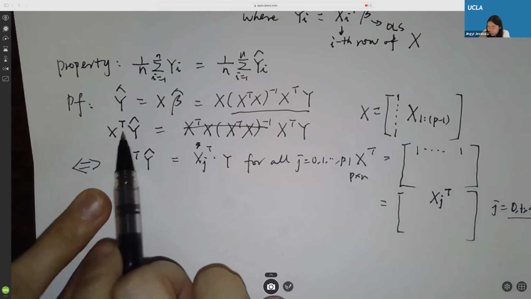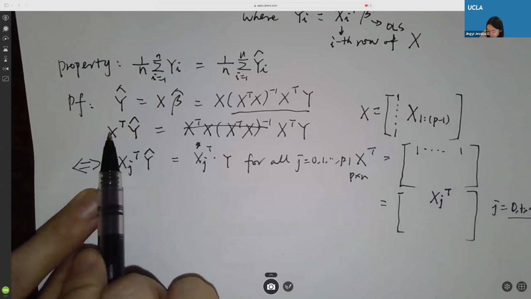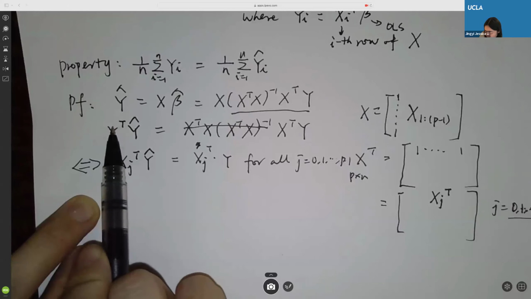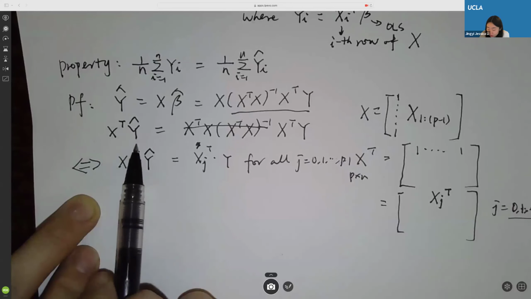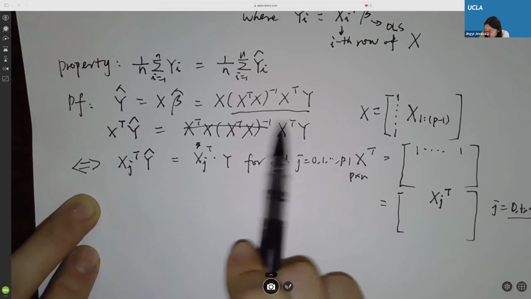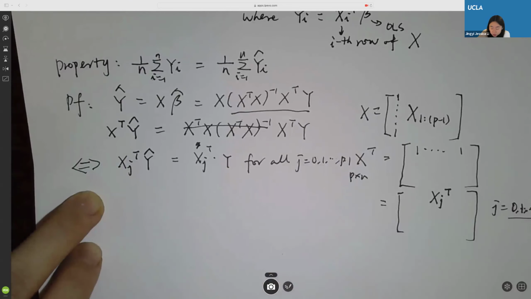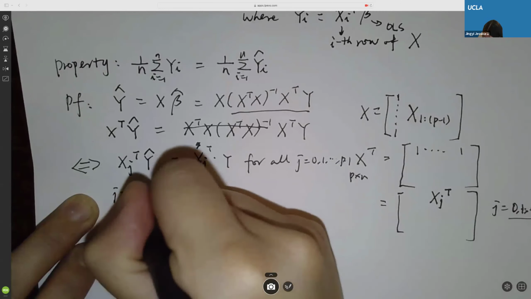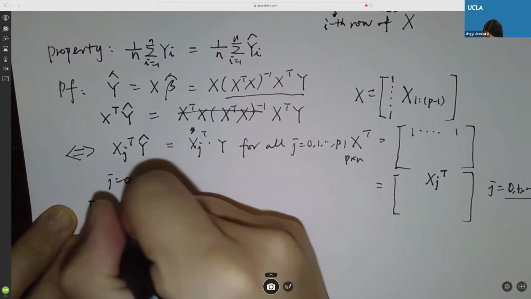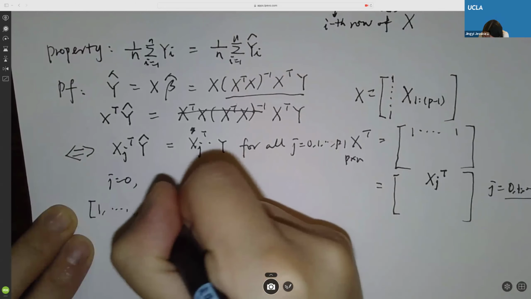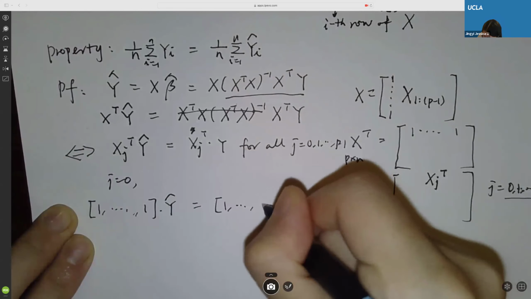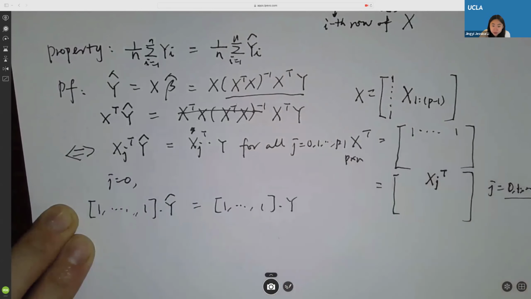So basically, in this matrix multiplication, I would have every row of x transpose multiplied by this column vector y hat, right? So that would be equal to every row here multiplied by y. So specifically for j equals 0, it is a row vector of 1s multiplied by y hat equals a row vector of 1s multiplied by y, right?